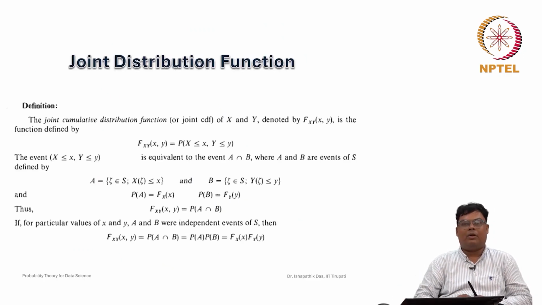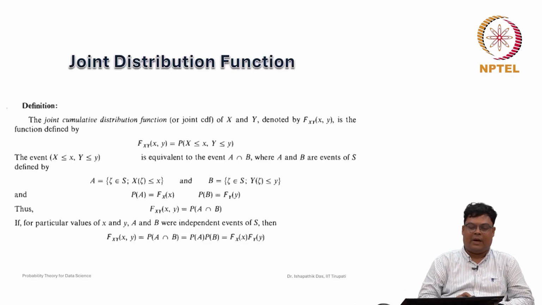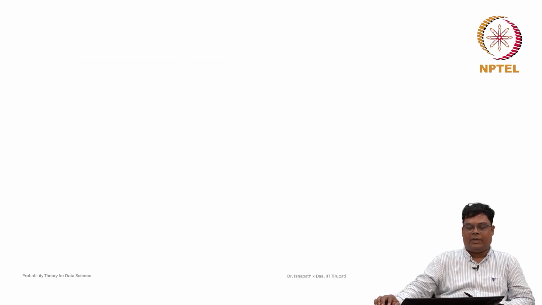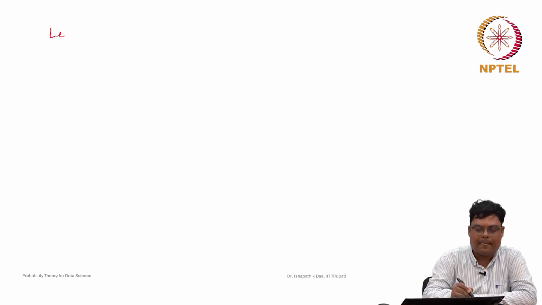Now, we will introduce the joint distribution function. Let us remember what the cumulative distribution function is for univariate cases. As we have discussed, we have already defined the cumulative distribution function for a univariate random variable. Let X be a random variable.